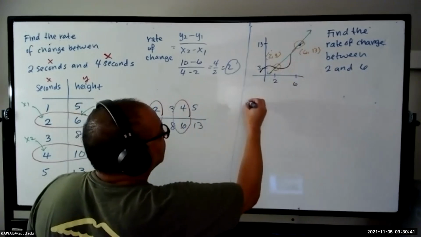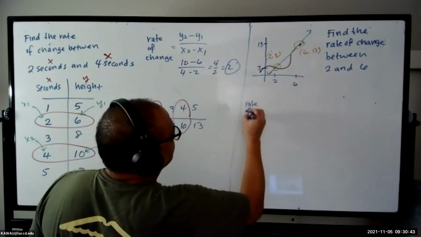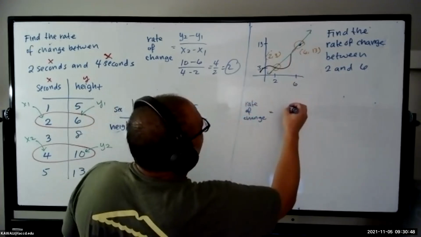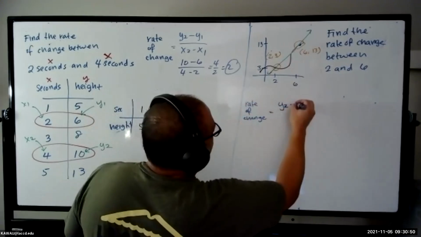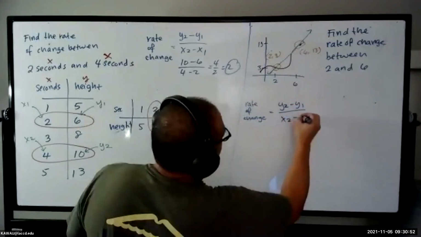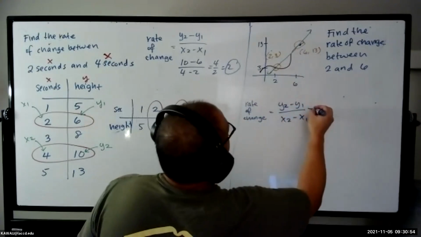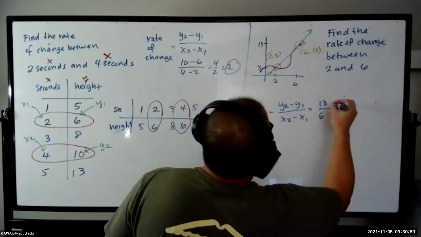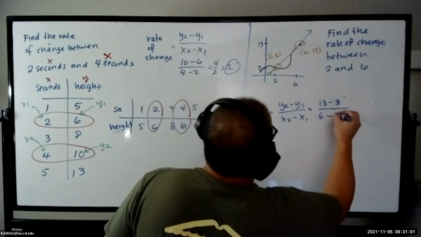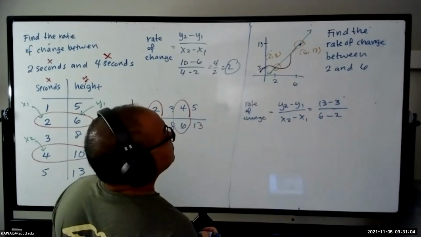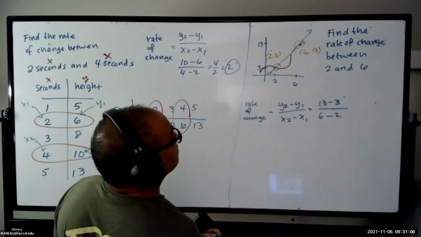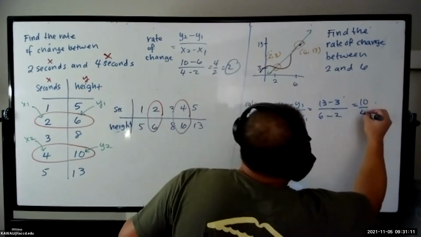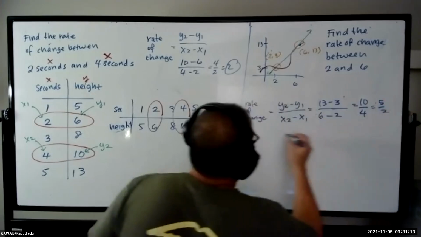And we have rate of change is equal to y2 minus y1 over x2 minus x1, which is equal to 13 minus 3 over 6 minus 2. And that gives me 10 over 4, which is equal to 5 over 2.